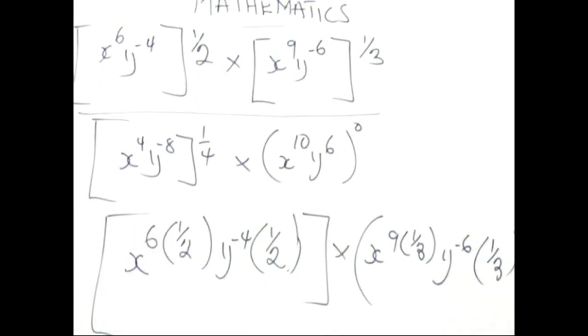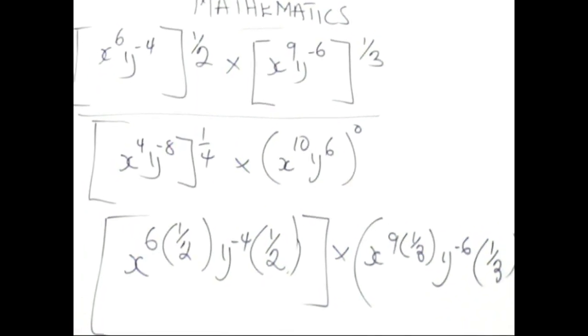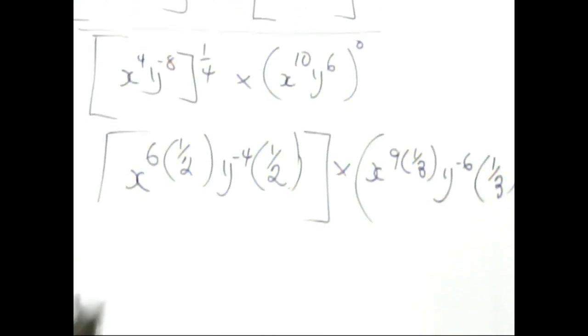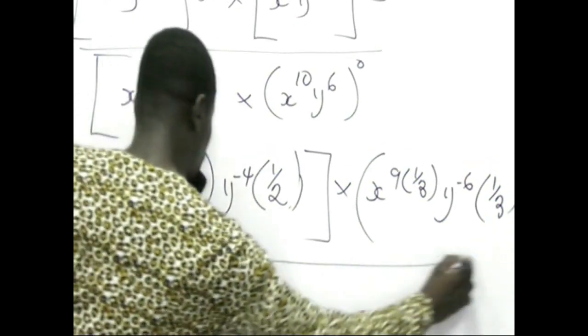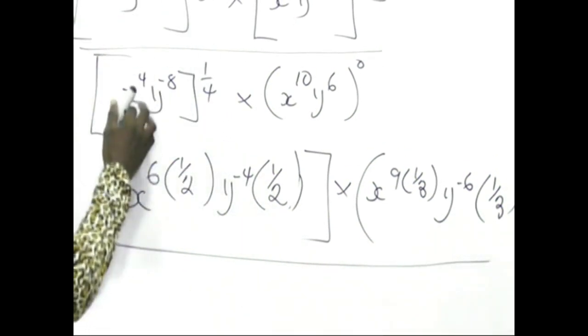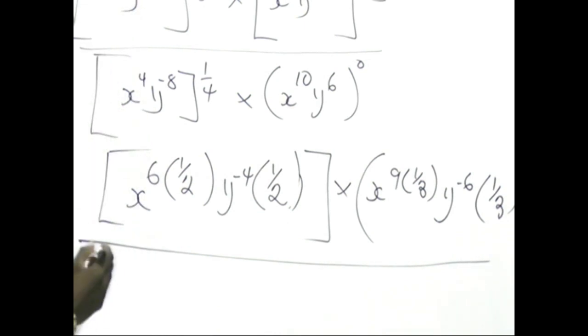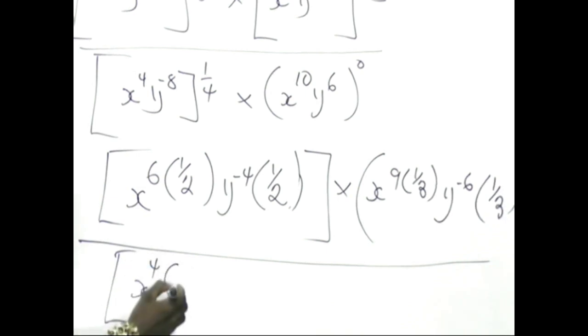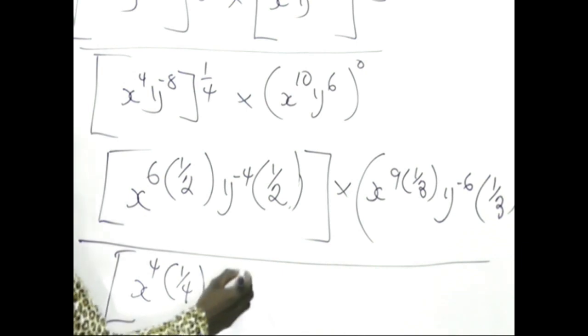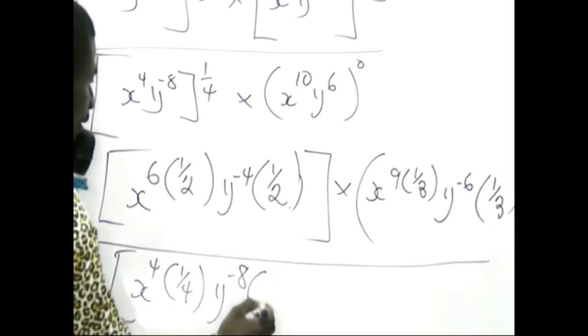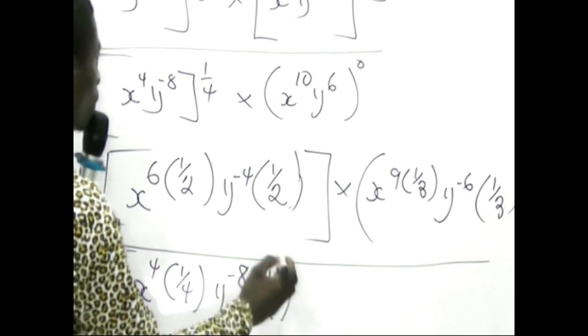So we have that all divided by the denominator, which we treat the same way as the numerator. So we have x power 4 times 1/4, y power -8 also times 1/4.